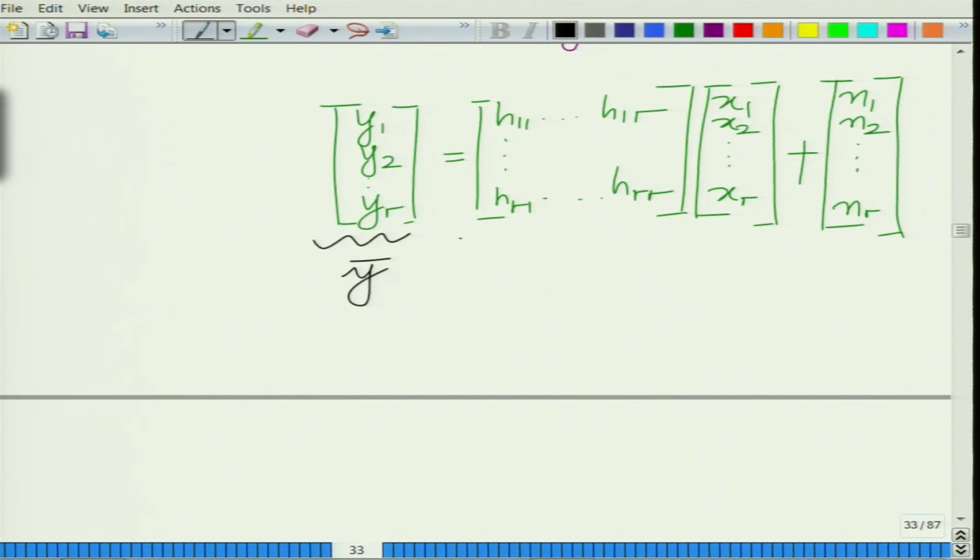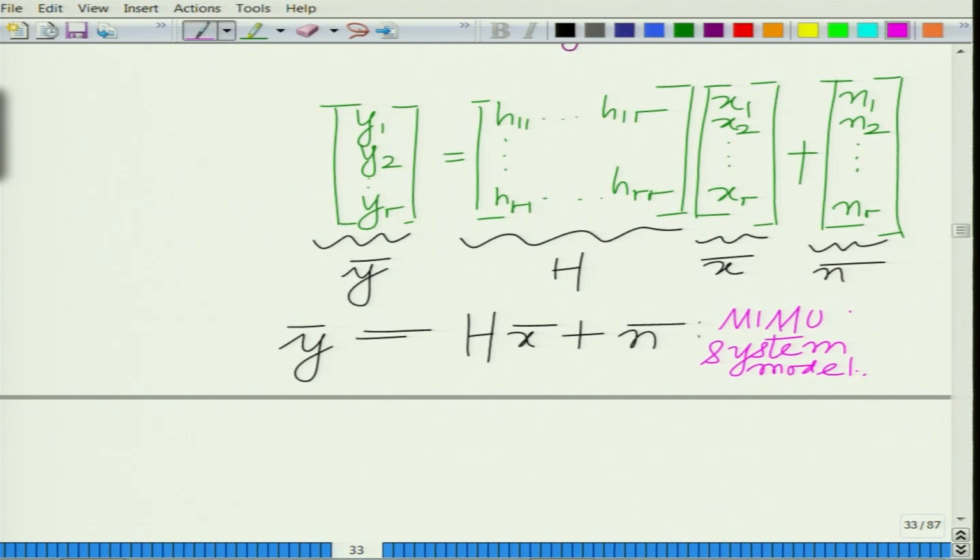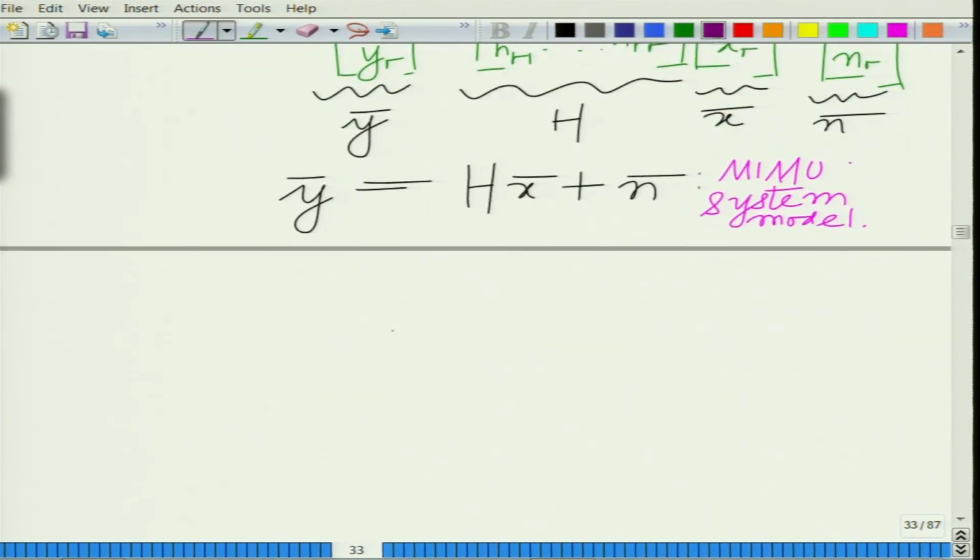So, this is your output vector y. This is what we are going to use several times in this course. This is your channel matrix, this is your transmit vector x bar, and this is your noise vector. So, you have y bar equals H times x bar plus n bar. This is essentially your MIMO system model, and the different components of this model are as follows: y bar equal to H times x bar plus n bar.